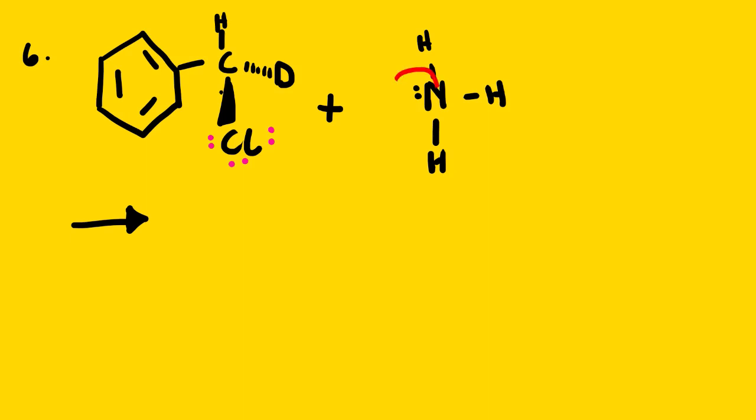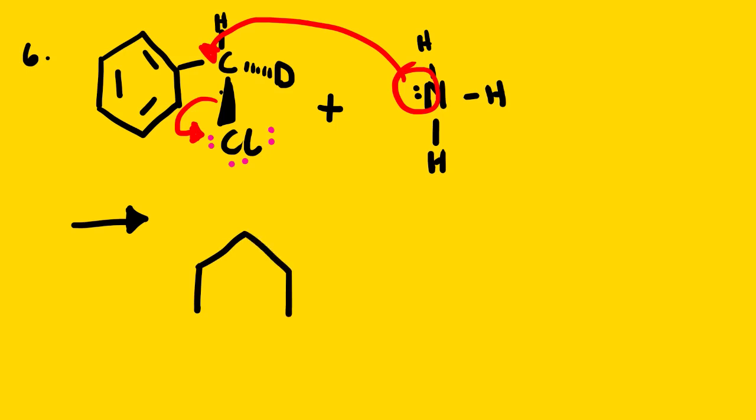So we can say this nucleophile will attack with these electrons from the back, and then our leaving group will also leave with those bonding electrons. Then we are going to have our product.